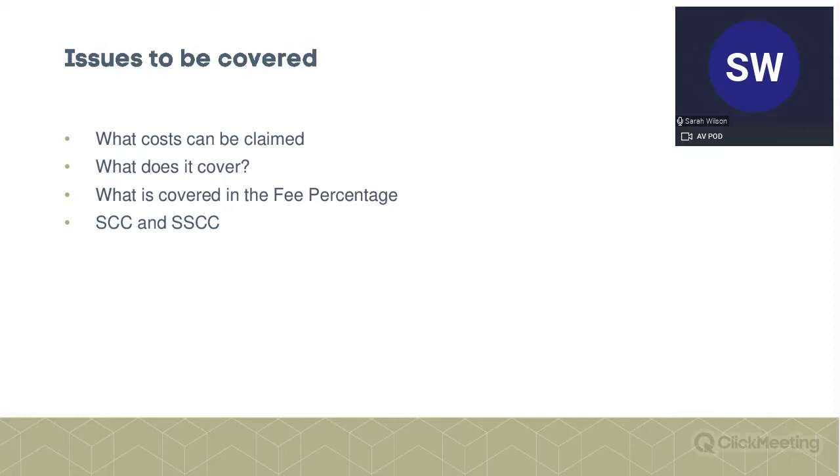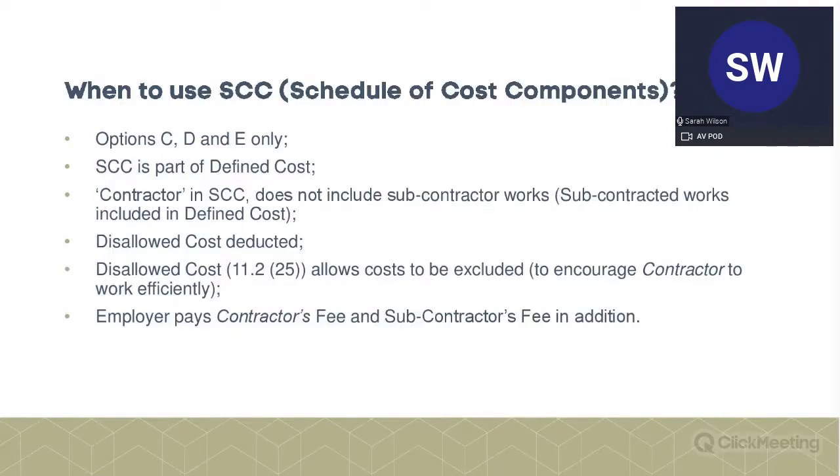It's about 3 pages for the schedule of cost components, 2 pages for the shorter schedule. It's a bit tortuous, to be honest, trawling through it, but hopefully what we're going to look at today will help you. So you'll get a high level overview today, which hopefully will make reading it a bit more pleasant.